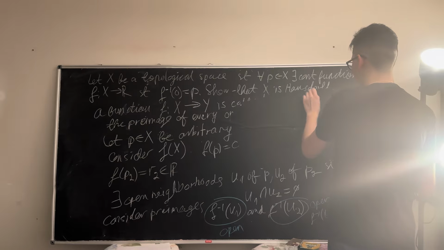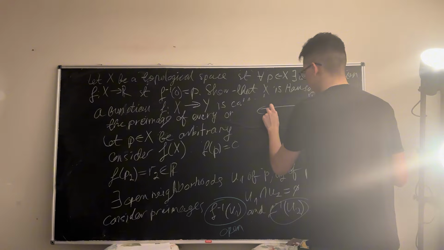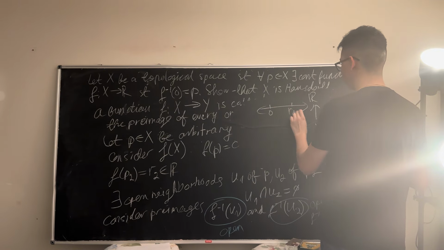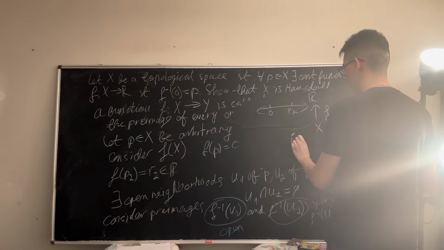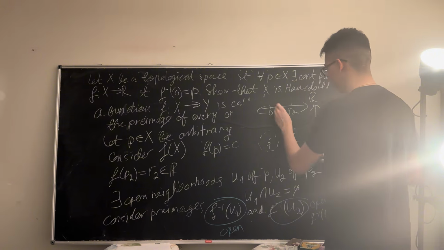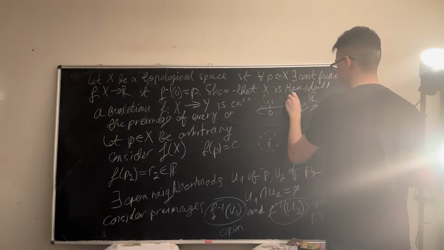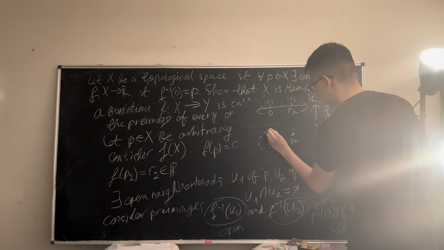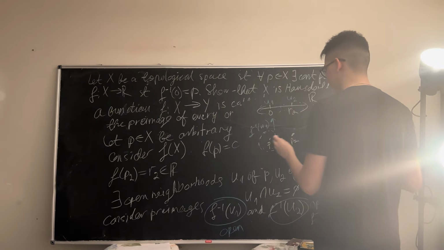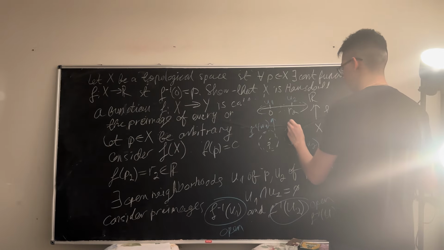We can just consider this diagram. So here's R, 0, and we have r2 here, p2 here, and p here. So this is U1, and this is U2. This is the preimage of U1, and this is the preimage of U2.